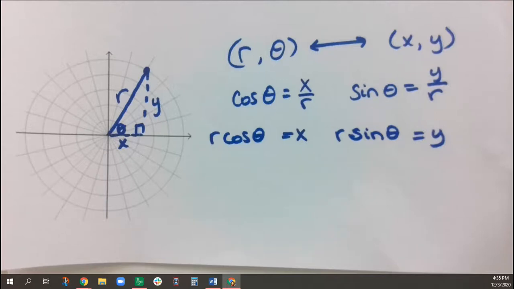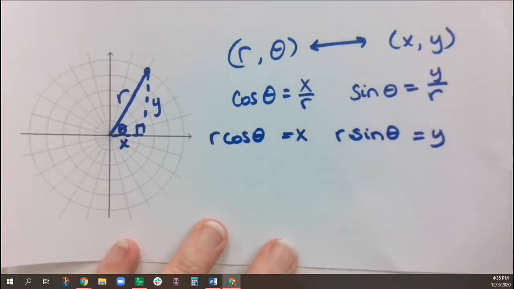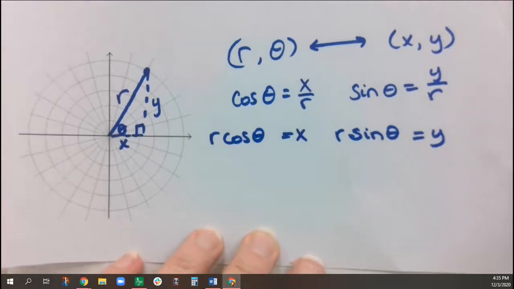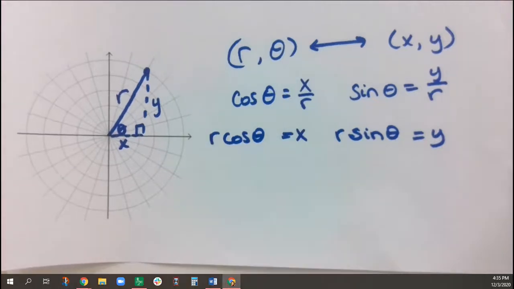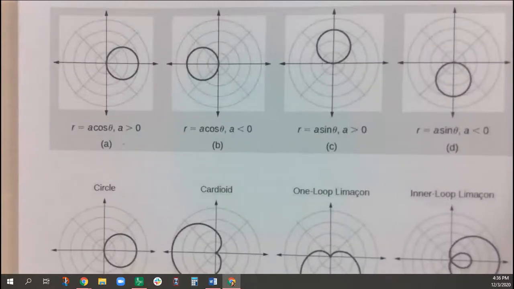And so these are going to be the conversion formulas that we can use to think about the relationships between polar and rectangular. And for us in calculus, the important thing is going to be when we want to find the slope of a line tangent to a curve. Slope is still going to be in terms of y and x. It's still going to be a dy dx value for us. So that was just a brief introduction into how the polar graph works.